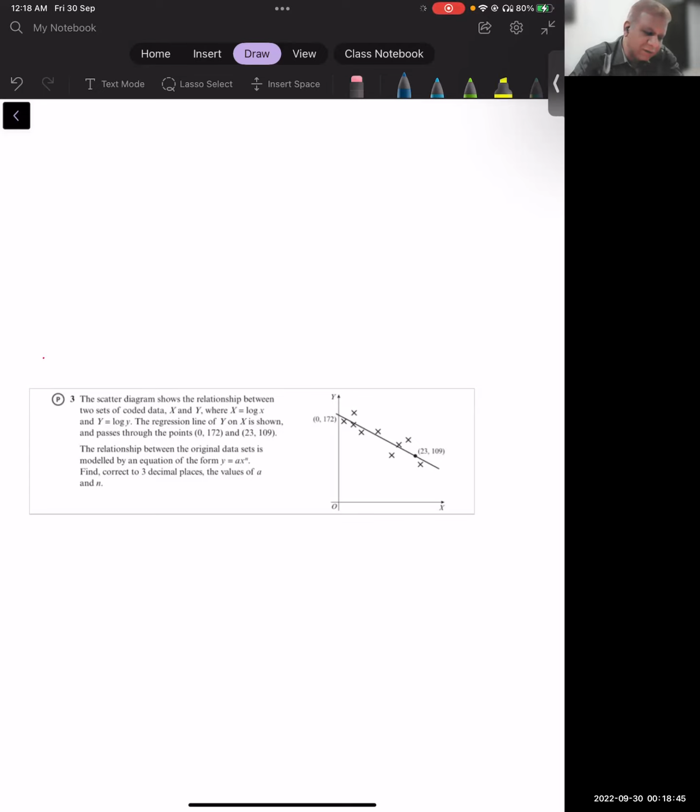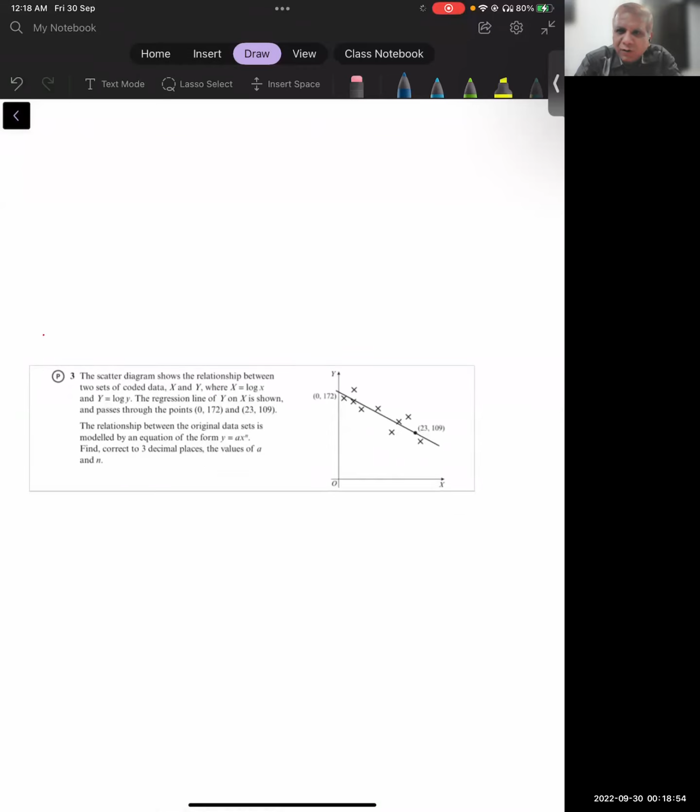Now, if the slope will be negative, how do we calculate this slope? Two points are given. Can you tell me the slope on your own? Slope is equal to what? It would be minus 63 over 23. Minus 63 over 23, very good.